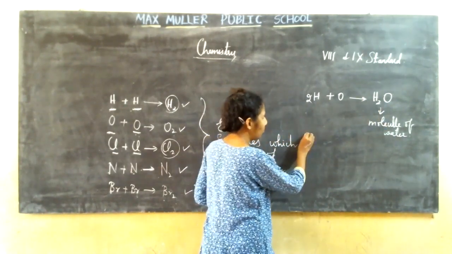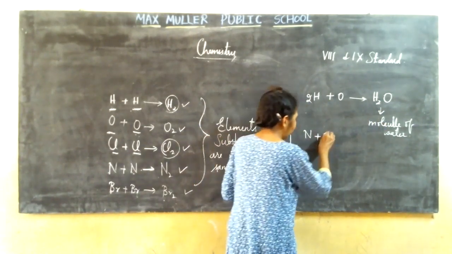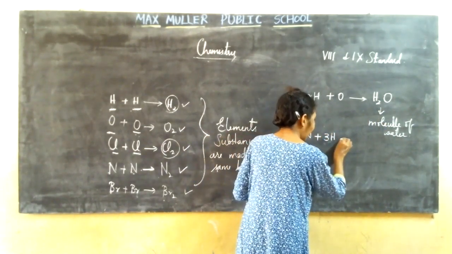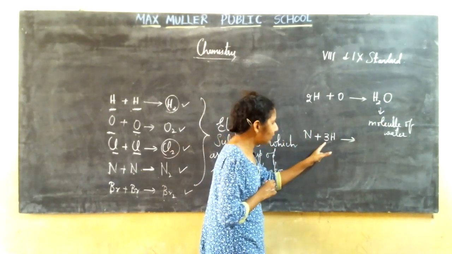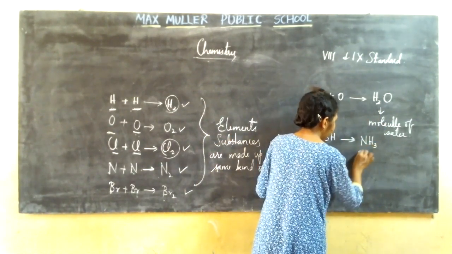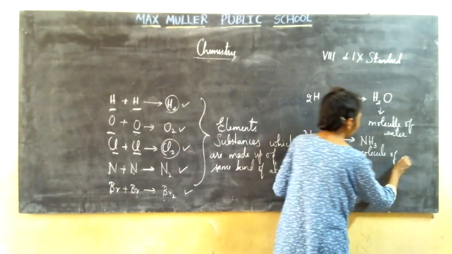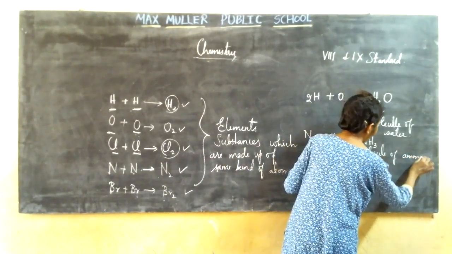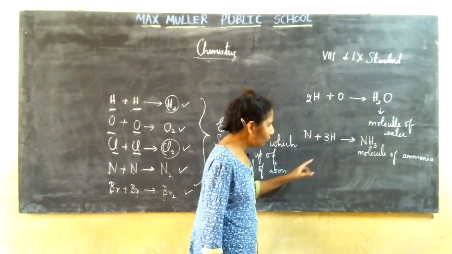Another example: one nitrogen atom combines with 3 hydrogen atoms to form a molecule of ammonia.